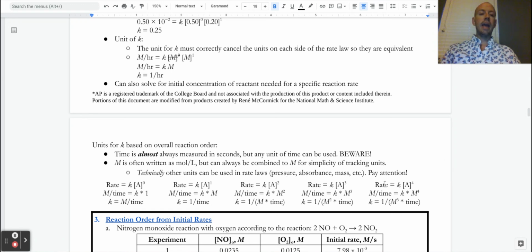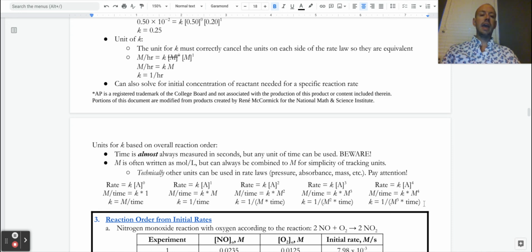So here I have for 0, first, second, third, and all the way up to fourth order reactions, how the K would work out. I don't want you to try to memorize these, but just to look at them and recognize that in each case, we want our unit on the right to cancel out so that it's molarity over time.